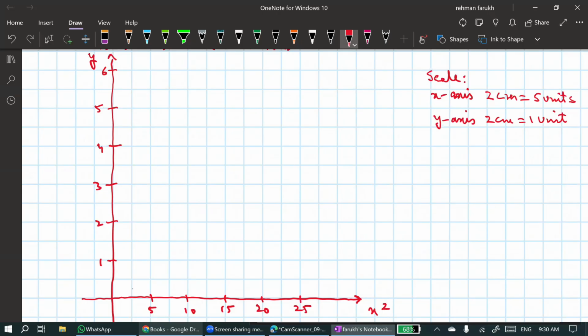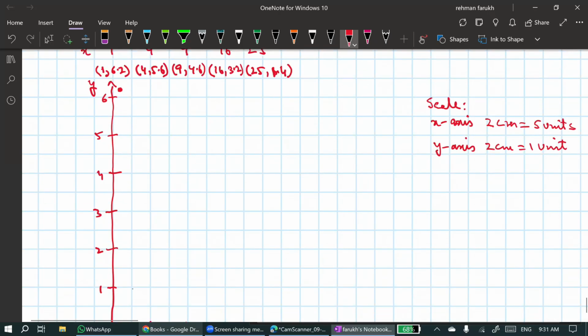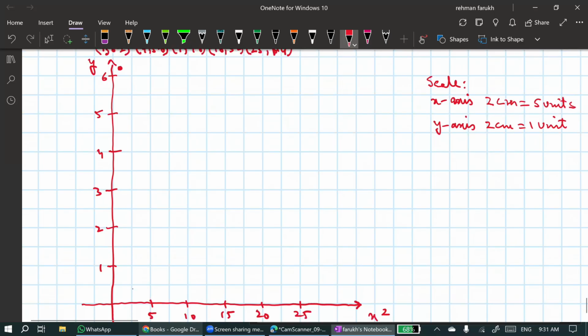On the graph paper, you will have small boxes and you can easily locate 1 and 6.2. This one is the point 1 and 6.2. The next point is 4 and 5.6.